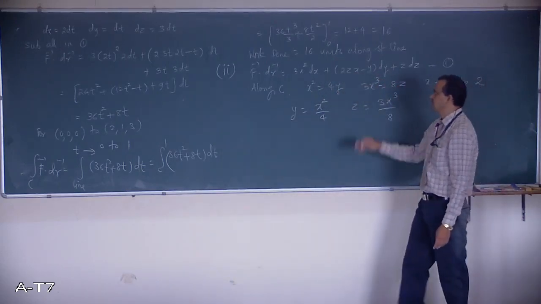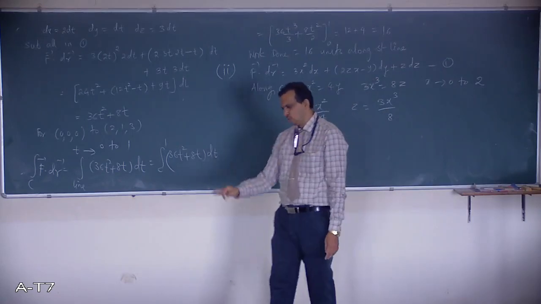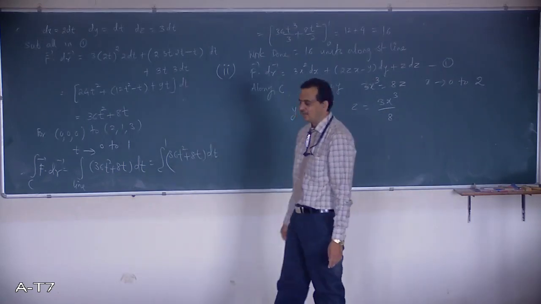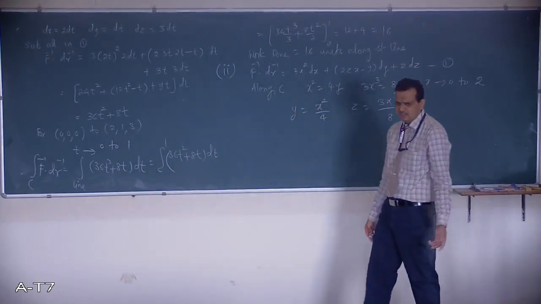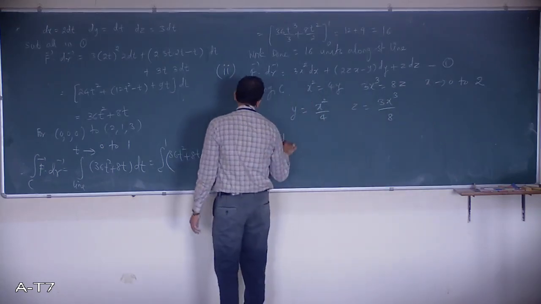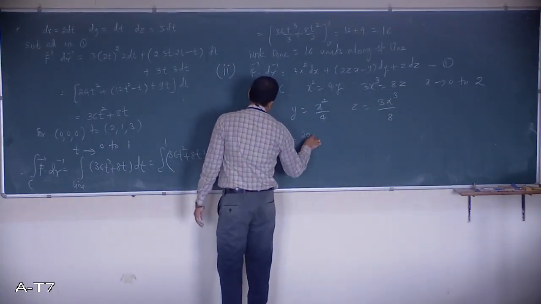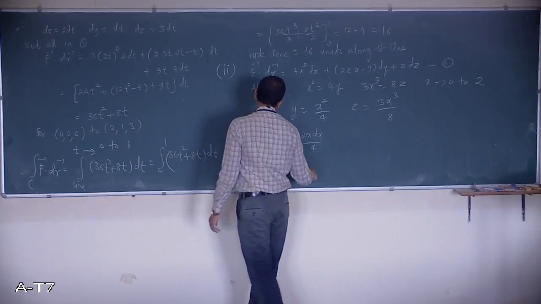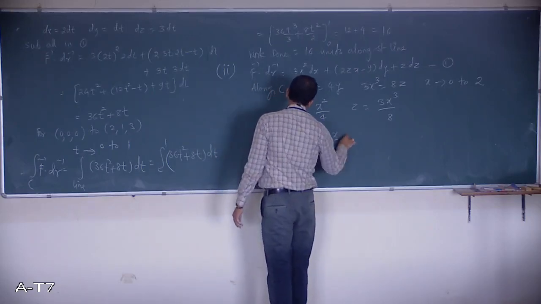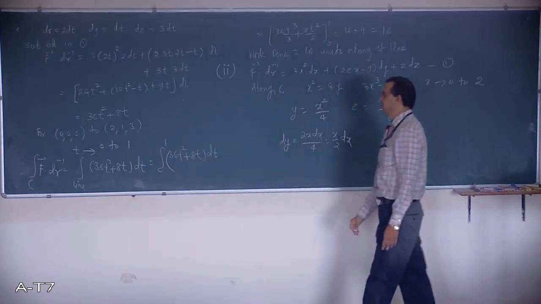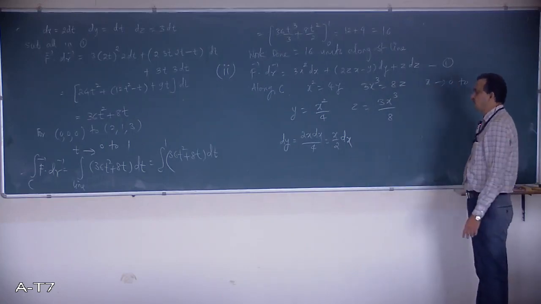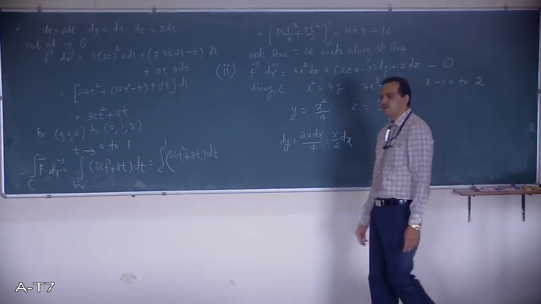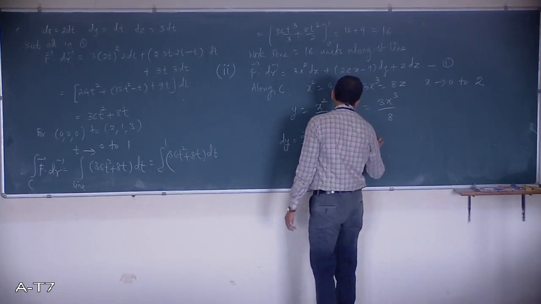Just solve it for z and y, because everything should go as x, not leave any y and z. Immediately dy will come, take the differential dy. So numerator will be differentiated and it will just give you 2x dx divided by 4. Differential is obtained on both sides. What about dz here?